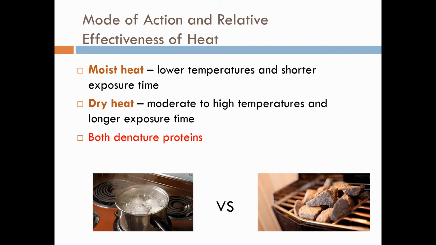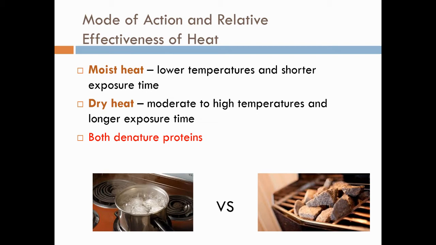The way both of these work is they denature proteins. Remember, my proteins are polypeptides of amino acids, and they are held together in their very specific shape to do their job by hydrogen bonds, and adding heat breaks those hydrogen bonds and denatures my protein. It loses its shape. It can no longer do its job.